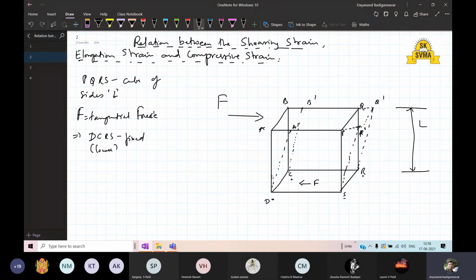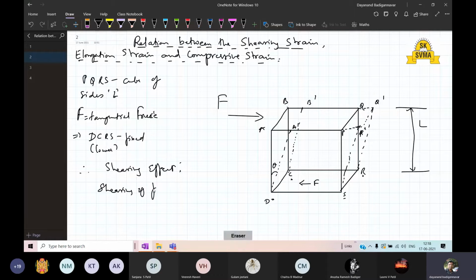Therefore, there is a shearing angle theta. This is the shearing strain. Therefore, I can call this theta. There is a shearing effect taking place. I can call it shearing of the face. Which surface?